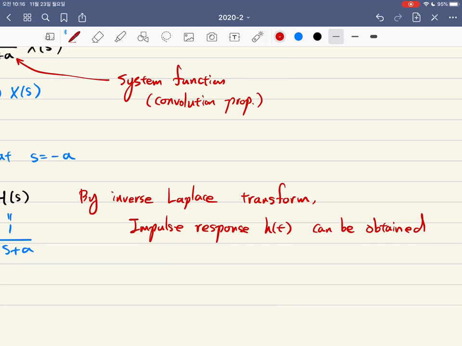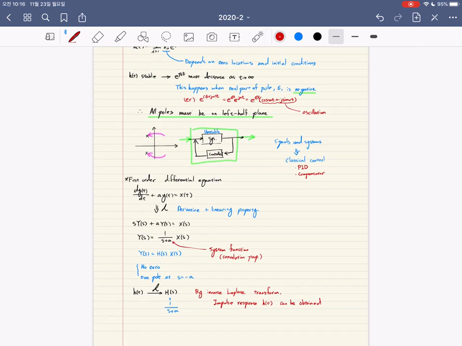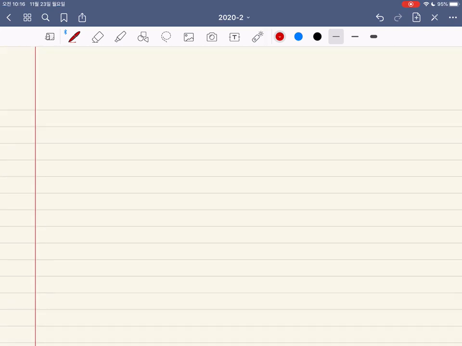But as a matter of fact, as we experienced, there could be multiple answers depending on the region of convergence in the Laplace transform, which is very unique to the Laplace transform. That was because we have an additional variable, this sigma, right?